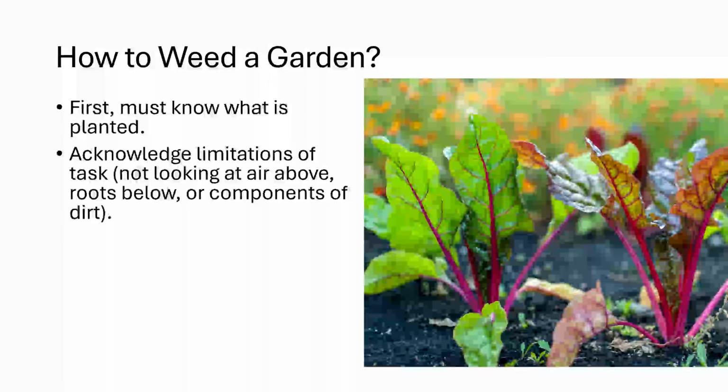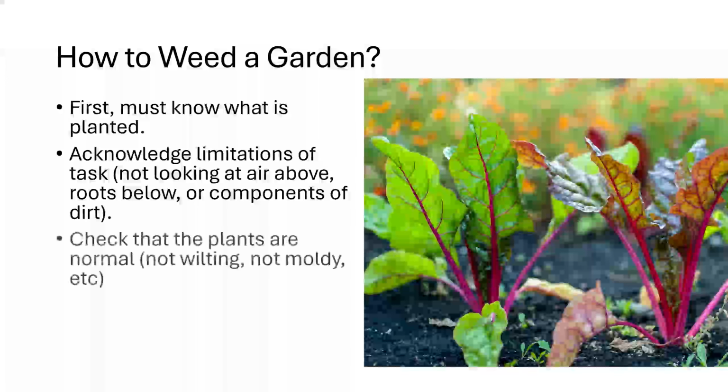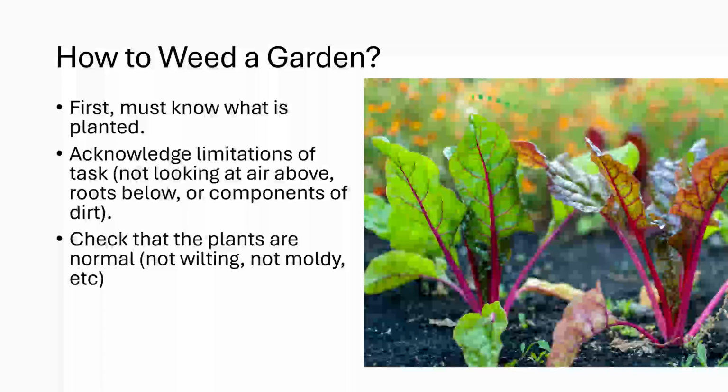You're looking at the plants. Third, you probably want to check that the plants are normal. They're not wilting, they're not moldy, they're not being eaten by different animals and so forth, and that they're all intact.